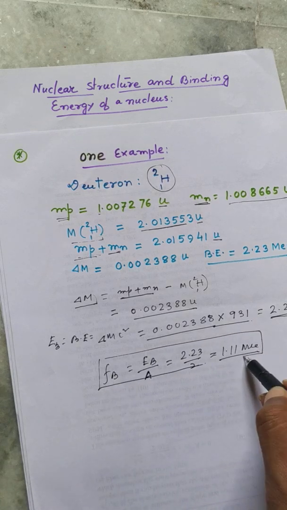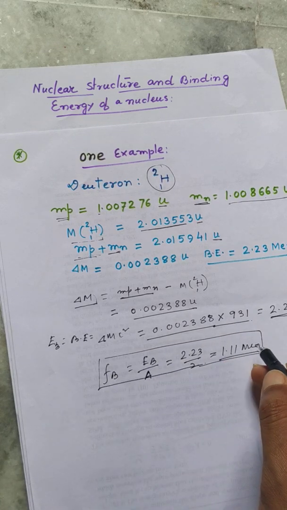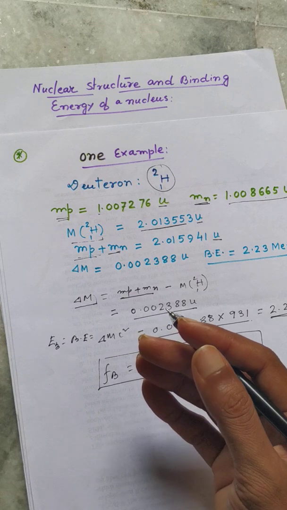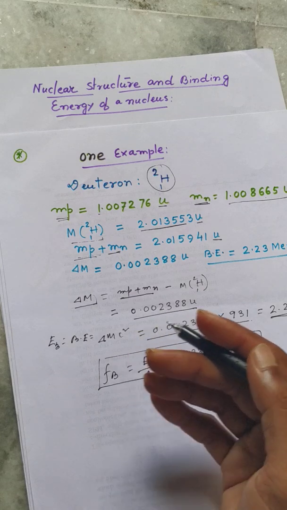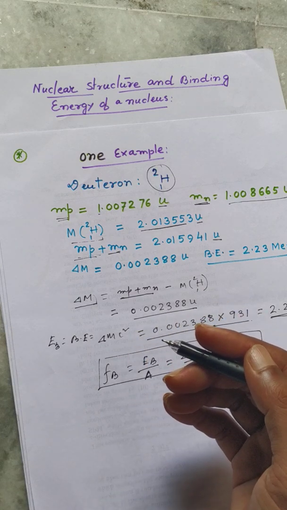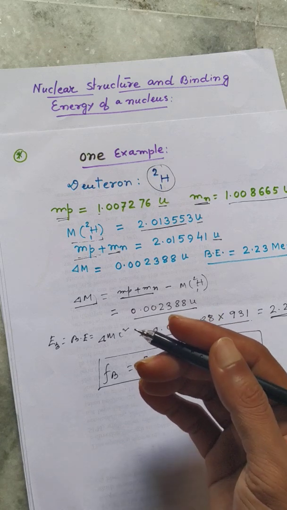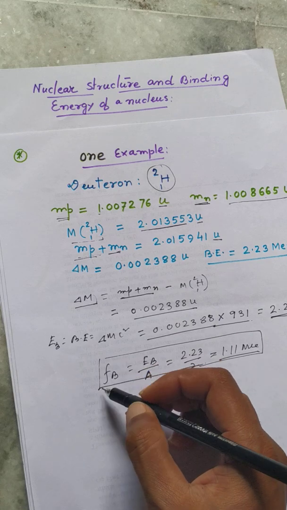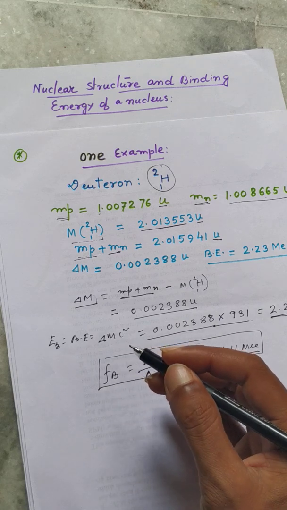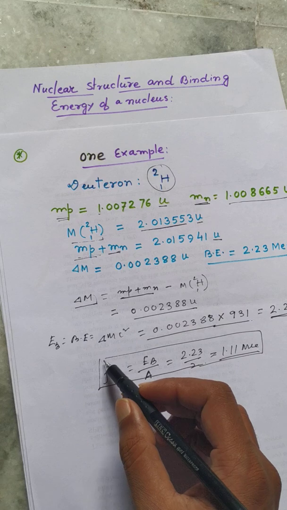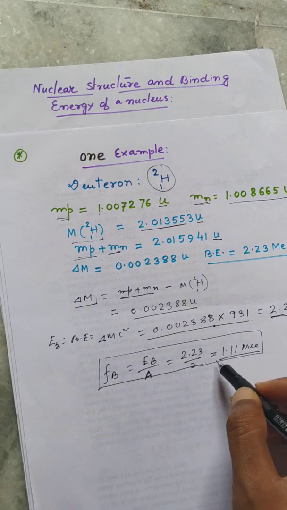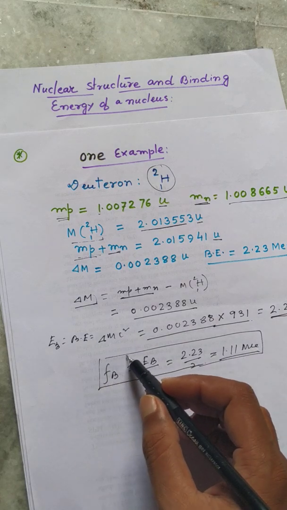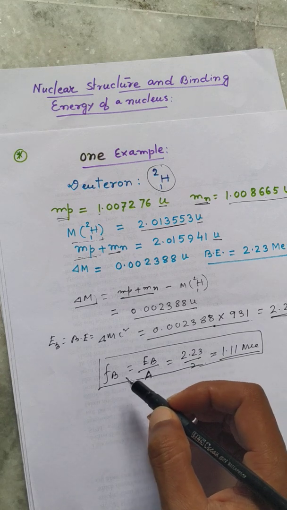Fractional binding energy is very important to study the stability of a nucleus. With a greater value of fractional binding energy, the stability of the nucleus will be greater, and it depends on the mass defect.